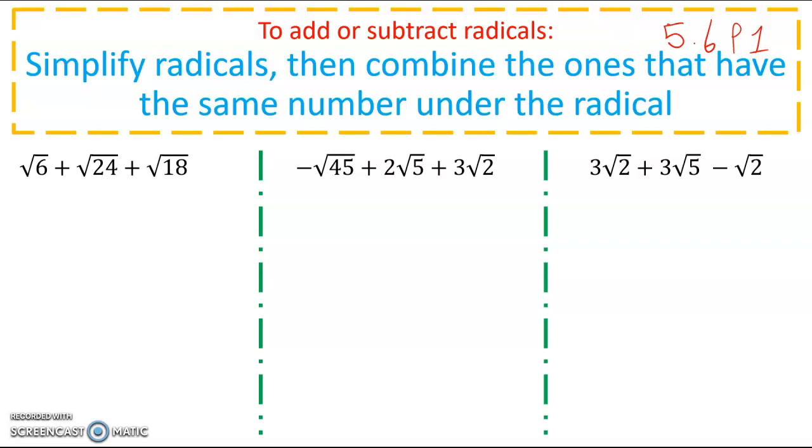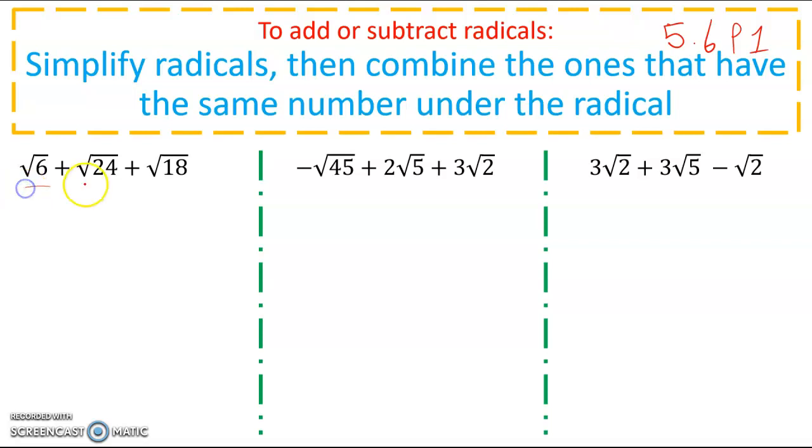Now we're going on to adding and subtracting radicals. Whenever we're adding or subtracting radicals, we basically want to treat these like combining like terms, all right? Now, as I said up here, simplify radicals and then combine the ones that have the same number underneath the radical. That's essentially the key there.